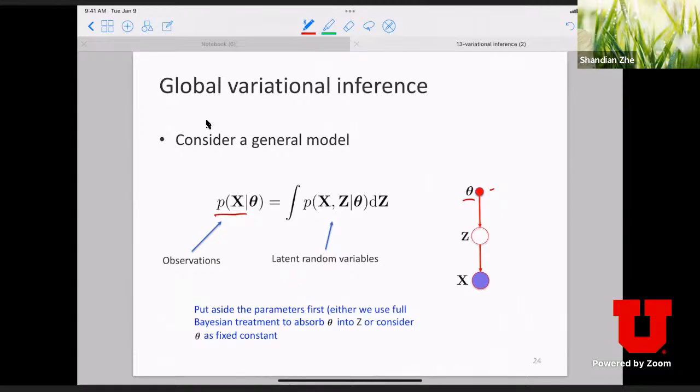Now, given theta, we first sample some latent random variable z, and given z, we sample the observed random variable x. Let us put aside this hyperparameter theta first. Let us assume we know theta, and later we can talk about how to jointly estimate theta. Our goal is just to calculate the posterior of z given x, of course, given the known theta.